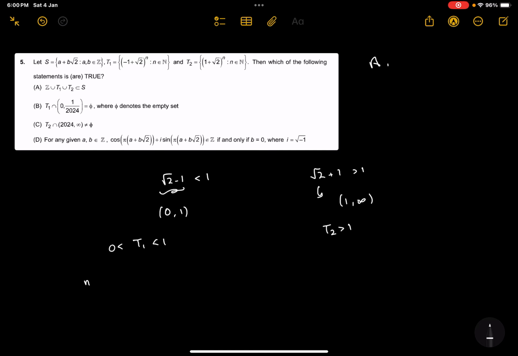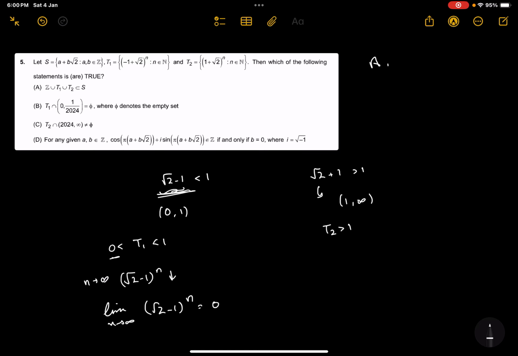As n goes to infinity, as root 2 minus 1 is less than 1, as n increases, this root 2 minus 1 to the power of n decreases, and the lower bound obviously is 0. Limit n tends to infinity, root 2 minus 1 to the power of n is equal to 0.